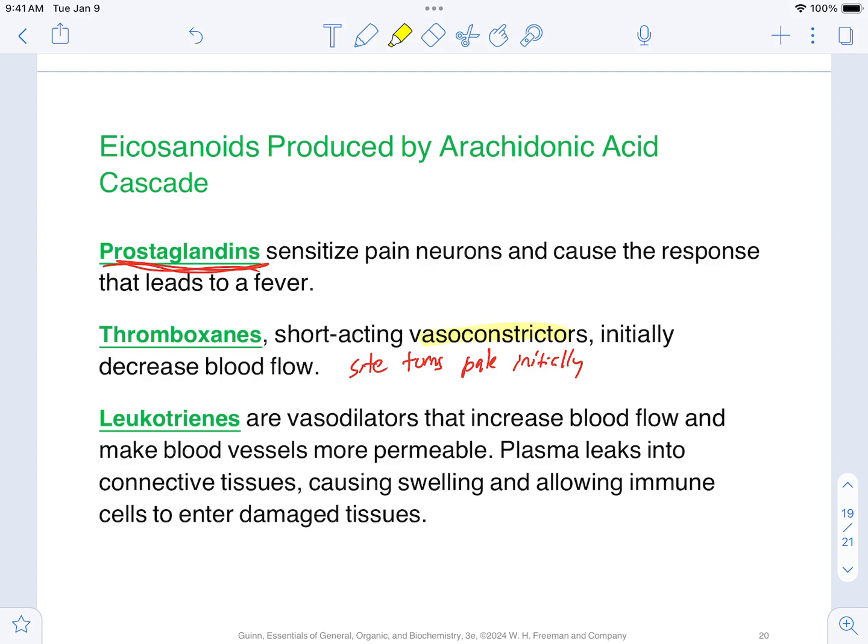So look at the difference here. Vasoconstrictors, vasodilators. Decrease blood flow, increase blood flow. And make the blood vessels more permeable. Plasma leaks into the connective tissue and you get your swelling, which allows cells to enter damaged tissues.